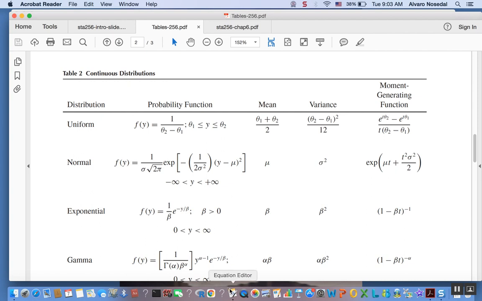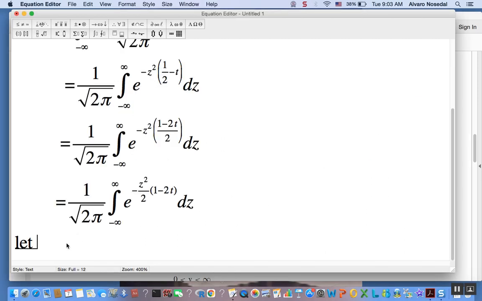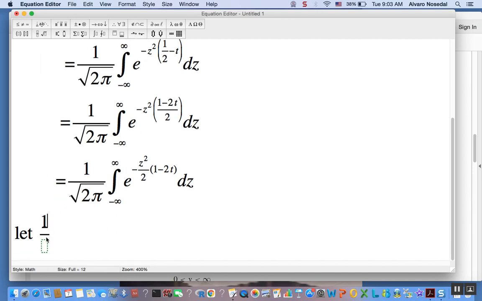We're going to be doing a change of variables, if you will. So let 1 over a special sigma, the one that makes this guy a normal.